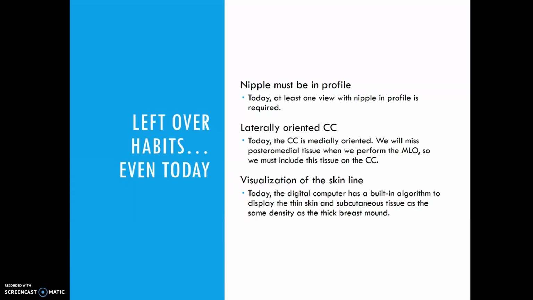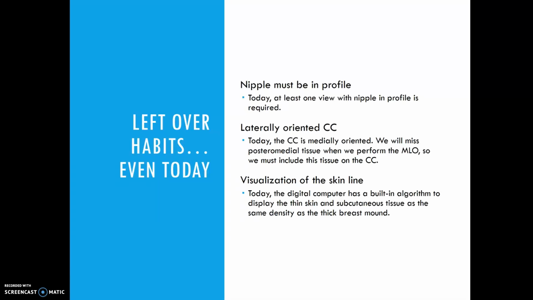And then, because with xeromammography especially we always could visualize the skin line, we really missed that when we went to film screen, because by the time you got enough penetration to really look through and see the fibrous tissue in a lady's breast, you were then burning out the skin line.